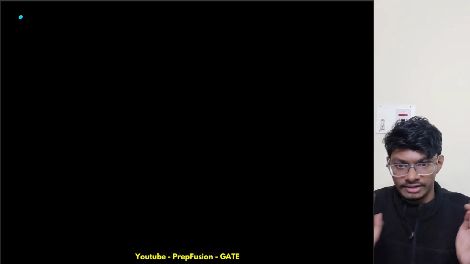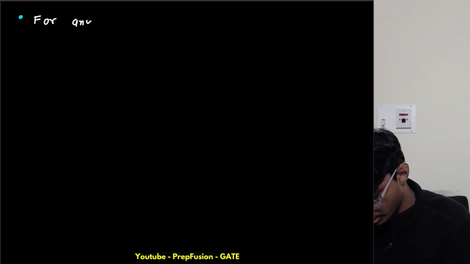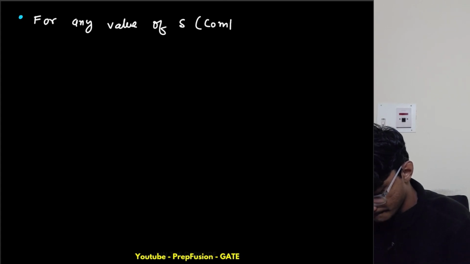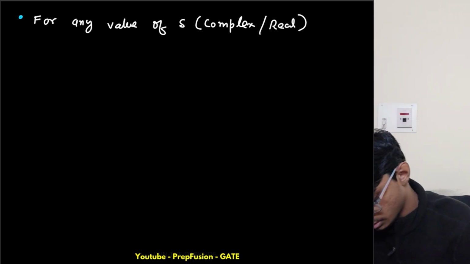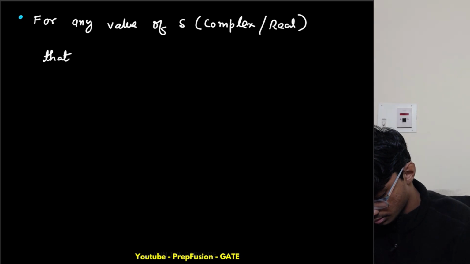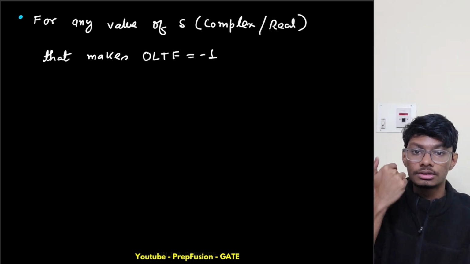So what is the point? For any value of S, complex or real, that makes the OLTF equal to -1, that will be called my closed loop pole, right?